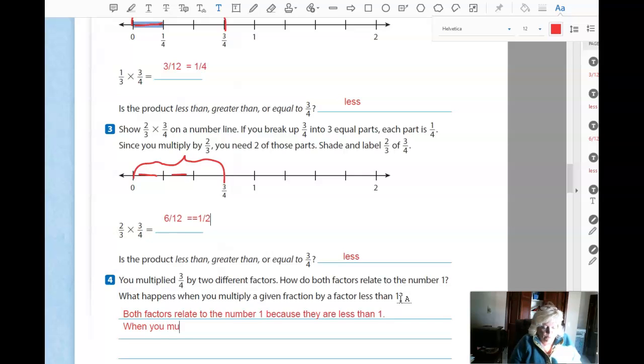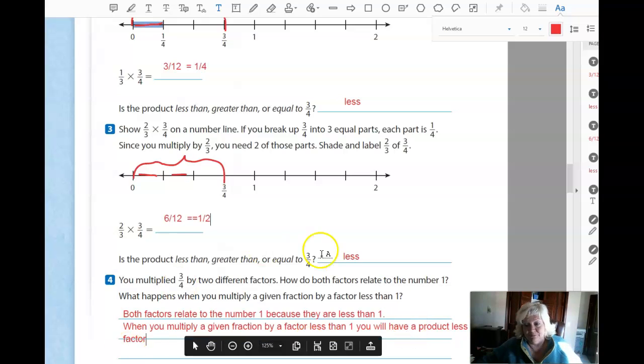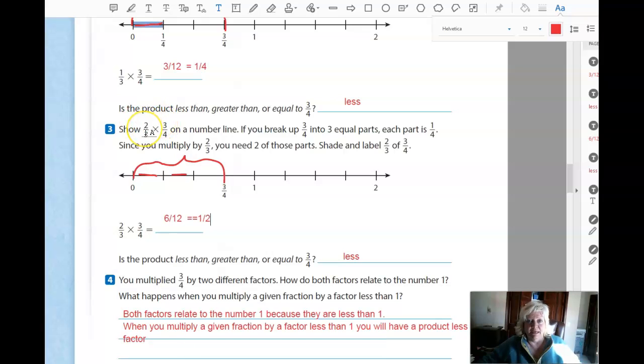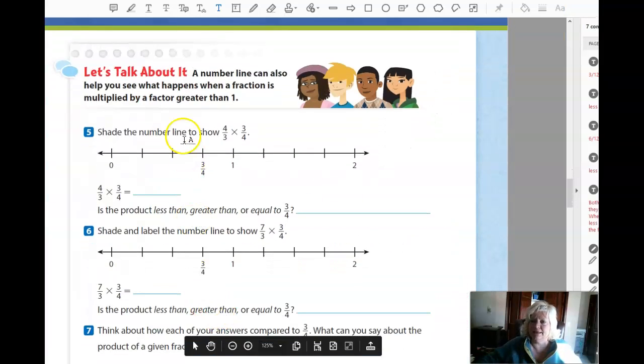When you multiply a given fraction by a factor less than 1, you will have a product less than the factor. The given factor was 3/4. So when we multiply it by something less than 1, we're going to get even smaller. All right, next page.